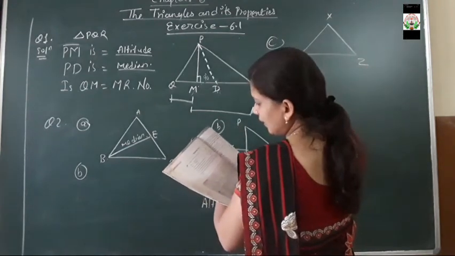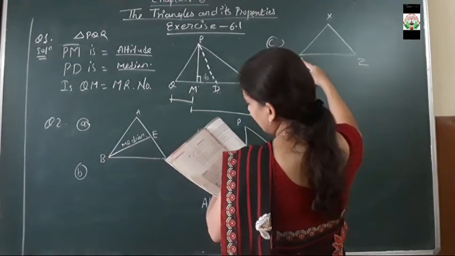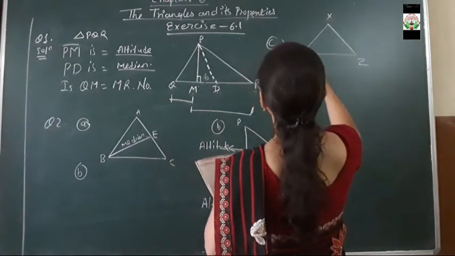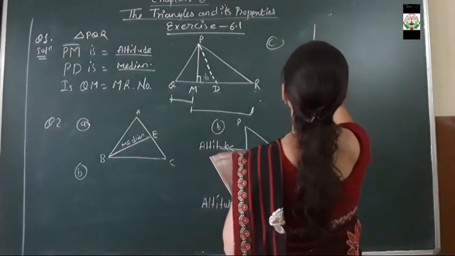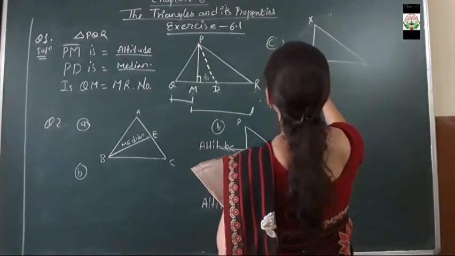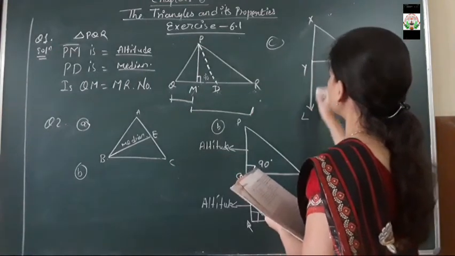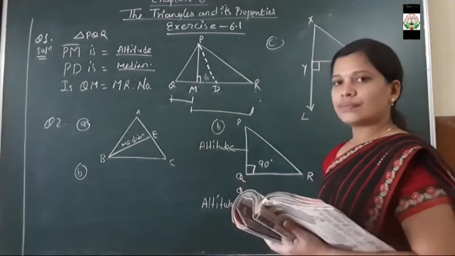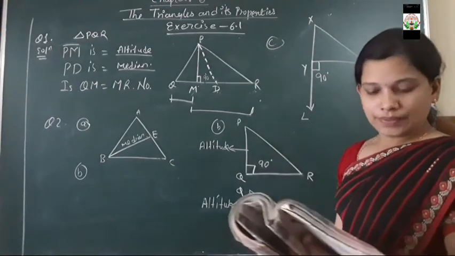And here it is said that YL is an altitude in the exterior of the triangle. Suppose here is the triangle XYZ, a right angle triangle. YL, that means here we make an altitude at 90 degrees. So this is the answer for question number 2, C part.